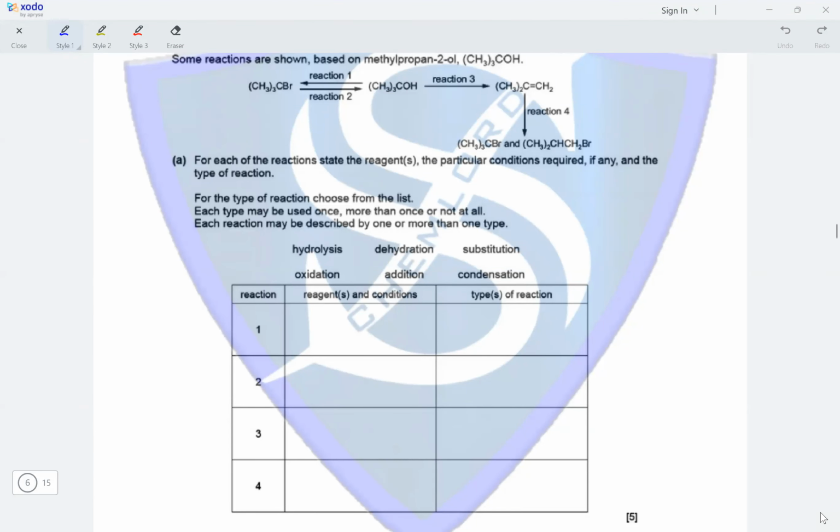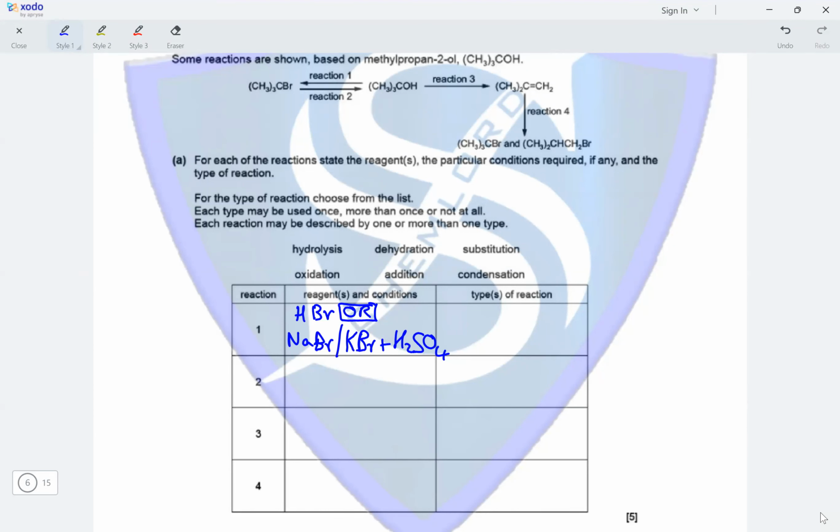So reaction 1 is conversion of an alcohol into a halogenoalkane. So for this, we would be needing either HBr to carry out this reaction, or we would be needing NaBr or KBr plus H2SO4 to carry out this reaction.